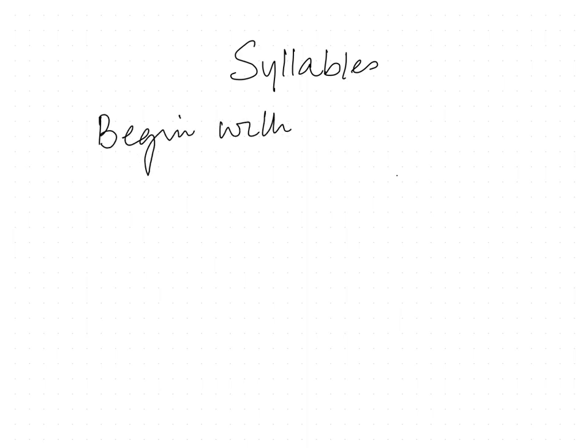This is about syllables, and we'll begin with the definition, or rather the rules of syllables. Now, all syllables in Hebrew will begin with a consonant. This is very important. It will always begin with a consonant, which may be any consonant in the alphabet.